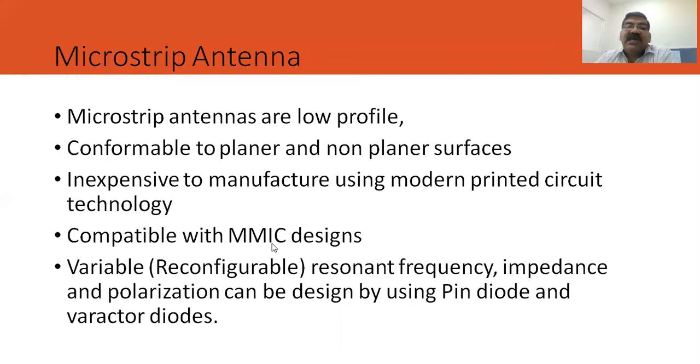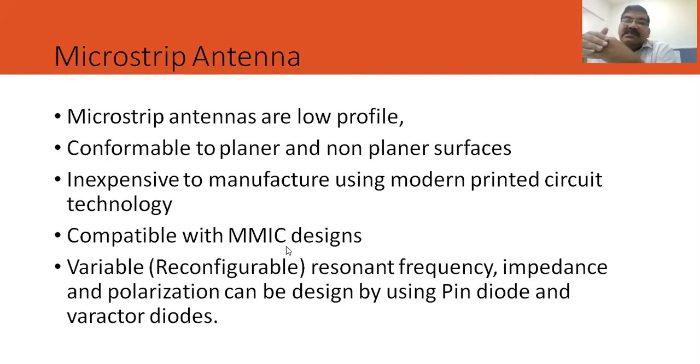MIC means microwave integrated circuit, and the M stands for monolithic microwave integrated circuit. So this is monolithic microwave integrated circuit, MMIC, or previously it was HMIC, hybrid microwave integrated circuit.